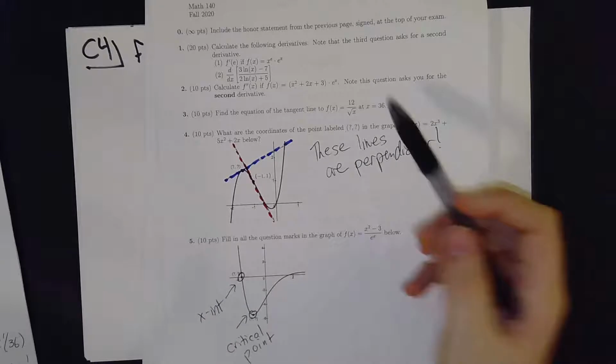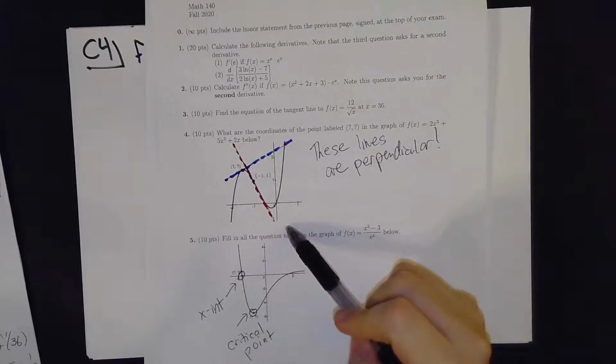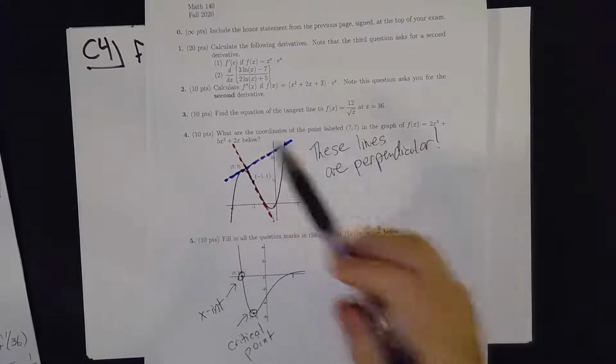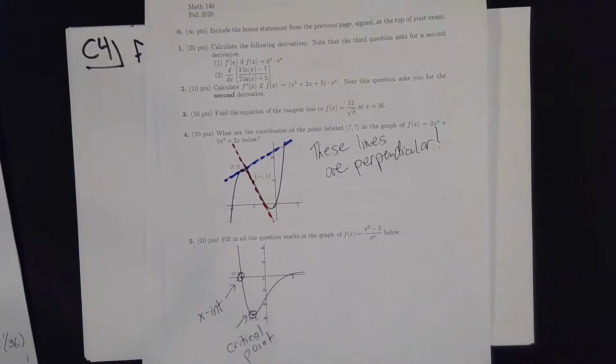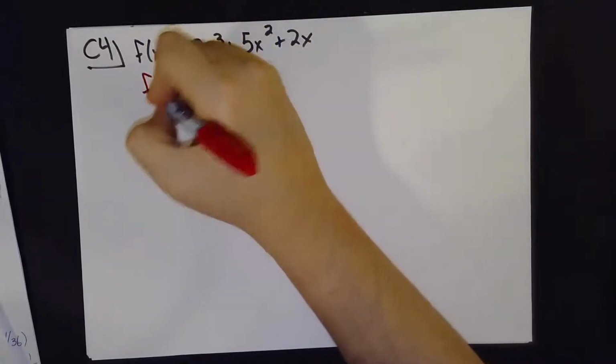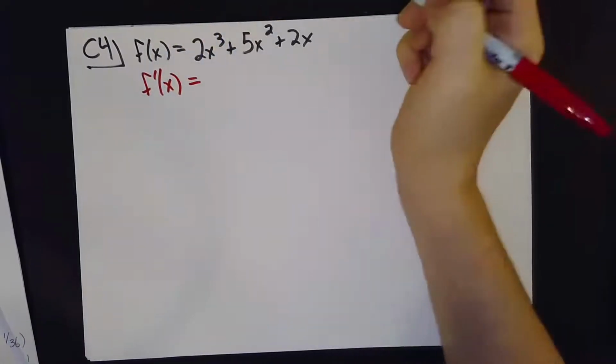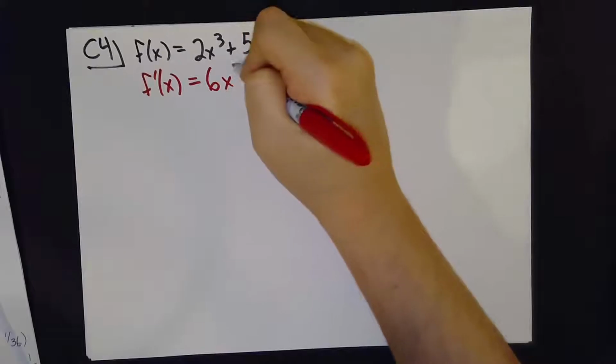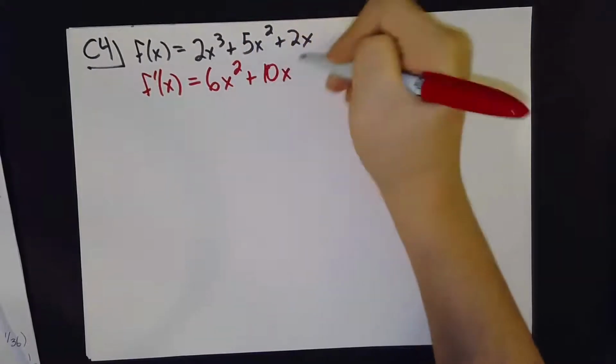And the fact that these two lines are perpendicular tells me that once I know the slope of one, I know the slope of the other via that whole negative reciprocal formula. Okay, so let's work with the red line first. So here, f prime of x is 6x squared plus 10x plus 2.